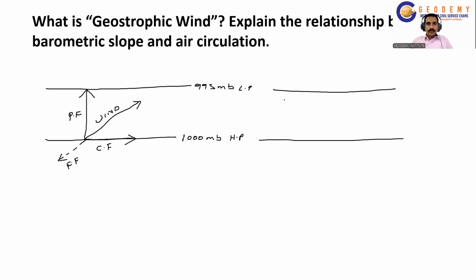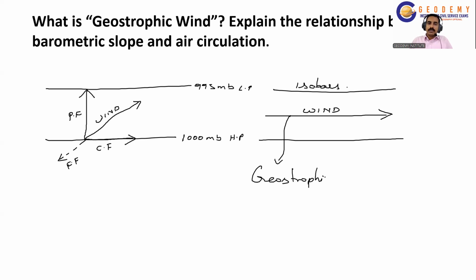But as the altitude increases, due to the exceeding Coriolis force, the wind will blow in this direction, almost parallel to the isobars. So when the wind blows parallel to the isobar, due to the Coriolis force exceeding the pressure gradient force, this wind pattern is called geostrophic wind.